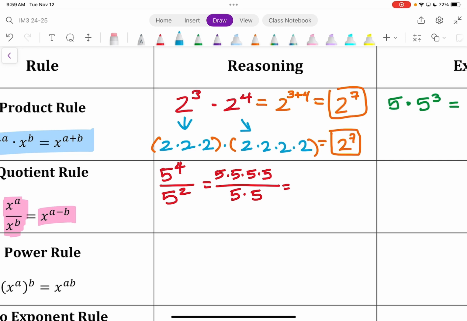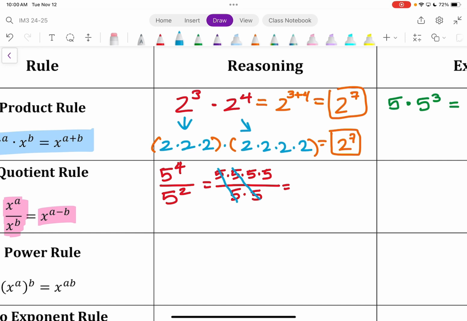Now, remember that when you have the same number in the top and the bottom, it can cancel out. It reduces to 1, right? 5 divided by 5 is 1. So anytime I have the same number on top and bottom, I'm going to draw a line through it to represent that it is now being reduced to 1. 5 over 5 is a 1, and this other pair of 5s also cancel out, equal to 1.